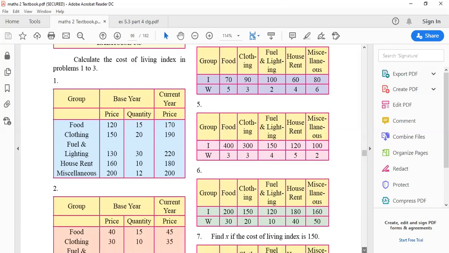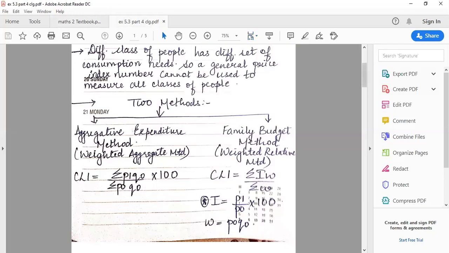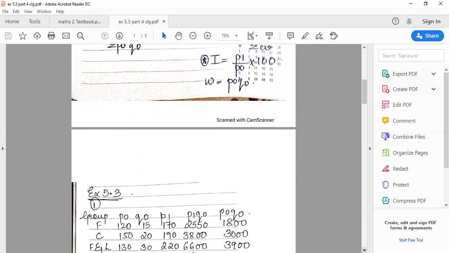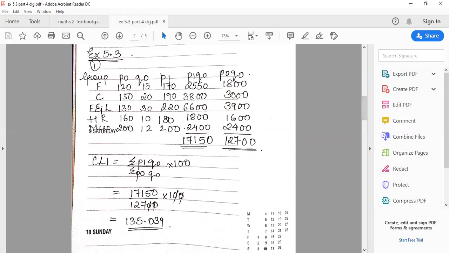So we'll start with the first sum, that is this one. Pay attention to the solution. Here's the first sum. As you'll see, I have copied down the question as it was given. Then we have to prepare two columns, that is P1Q0 and P0Q0, because it is Laspeyres' price index number.